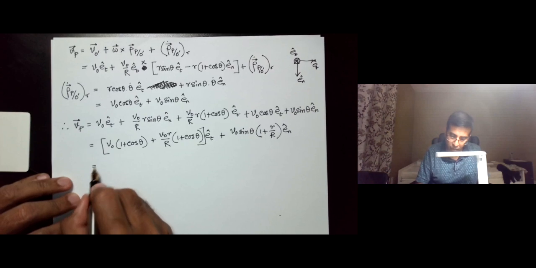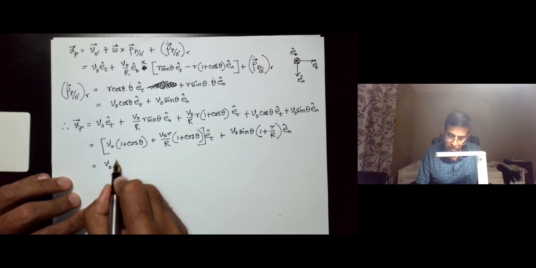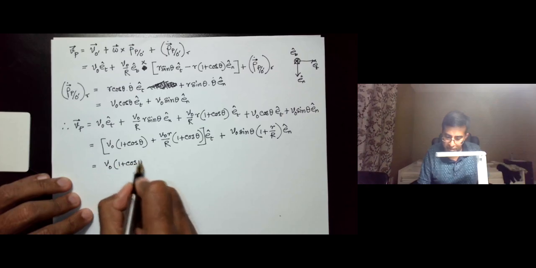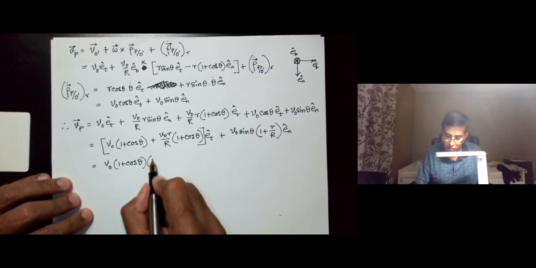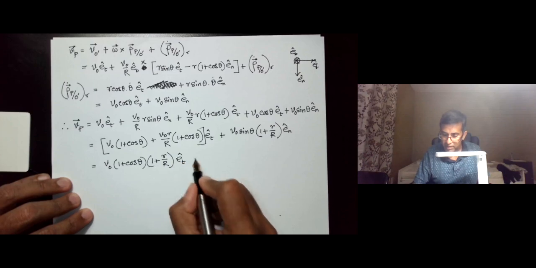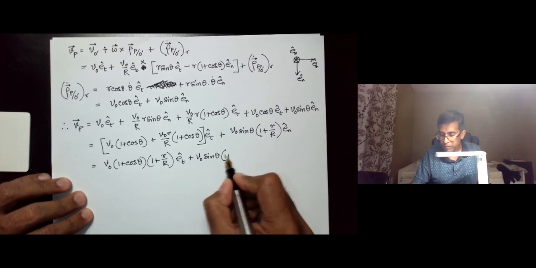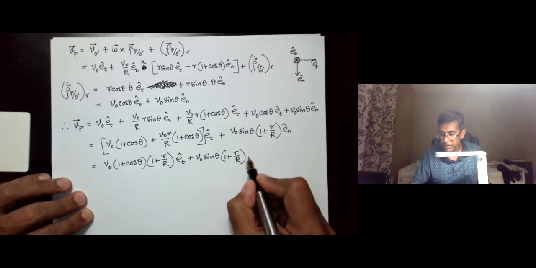Simplifying one more step here, we would have V0 times 1 plus cosine theta times 1 plus small r over capital R ET plus V0 sine theta times 1 plus small r over capital R EN.